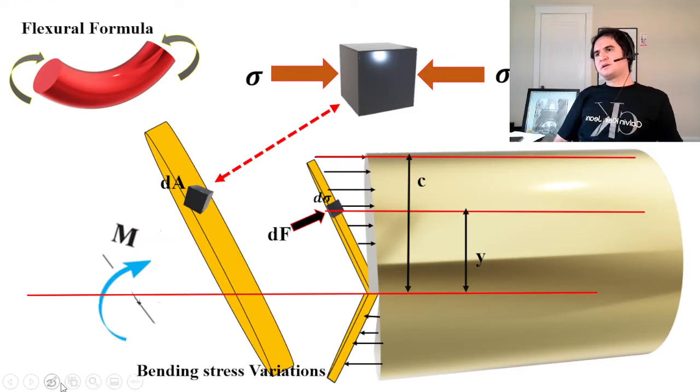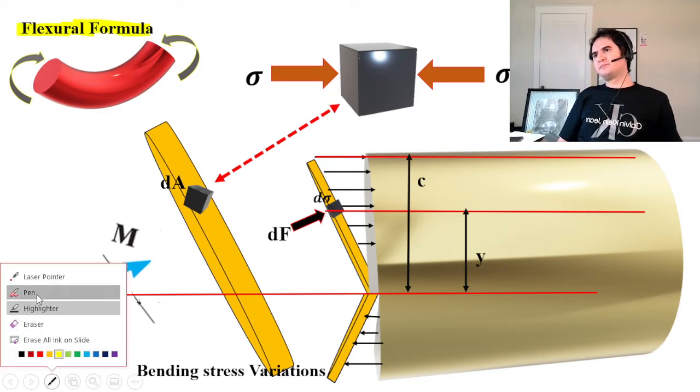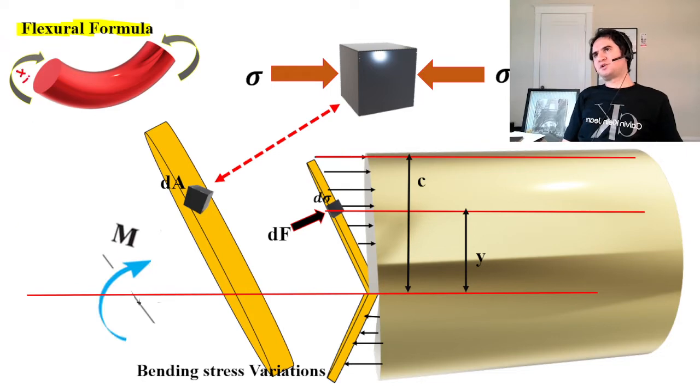So again, consider a cross-section under a positive moment of M as shown in the figure below. So this is a positive moment again, which pushes the top.